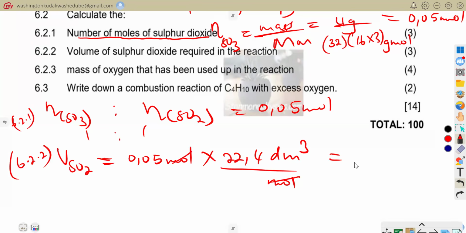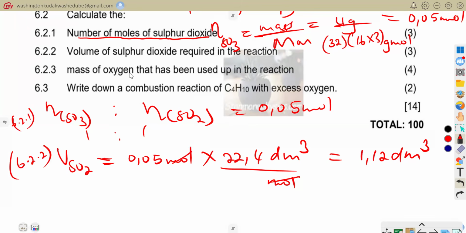And then the volume that you're going to find is equal to 1.12 decimeter cubed. So the volume of sulfur dioxide that was required was equal to 1.12 decimeter cubed.